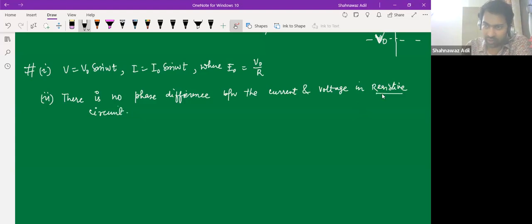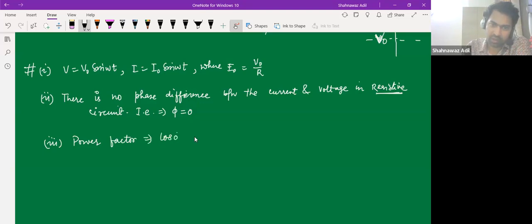This part is very important, that in resistive circuit there is no phase difference between current and voltage. That is, phi is 0, right? Then third one is that what is the power factor? So power factor, which is cos phi, this would be cos of 0. So this would be 1. So power factor is 1 in resistive circuit.